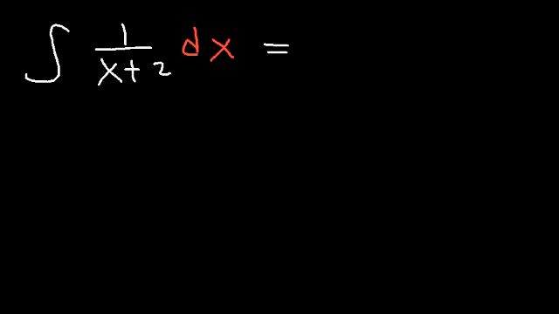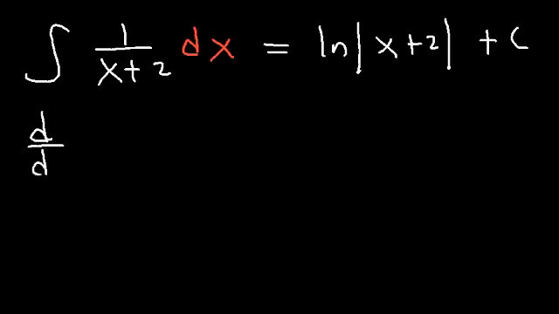Now what is the antiderivative of 1 over x plus 2? This is going to be ln of the absolute value of x plus 2, plus c. By the way, if you need to differentiate a natural log function, here's the equation.